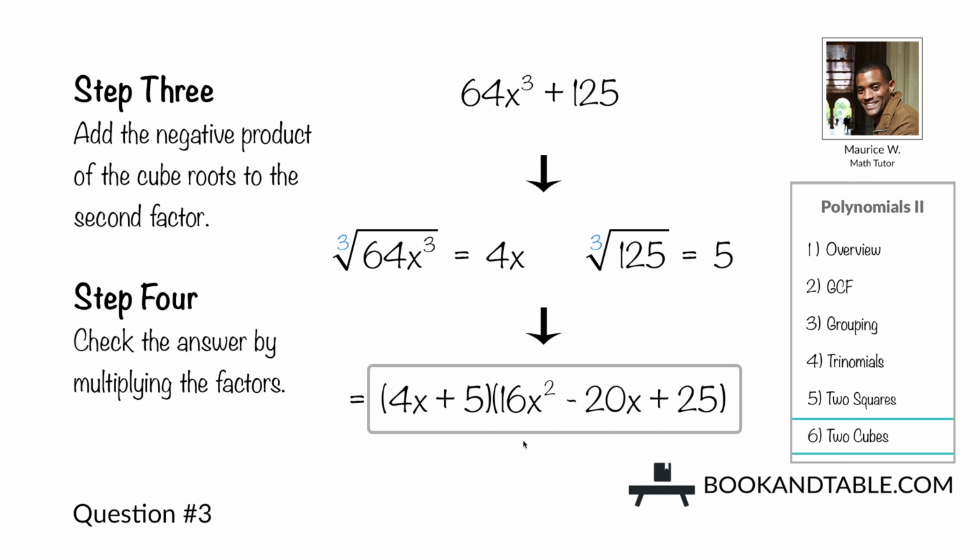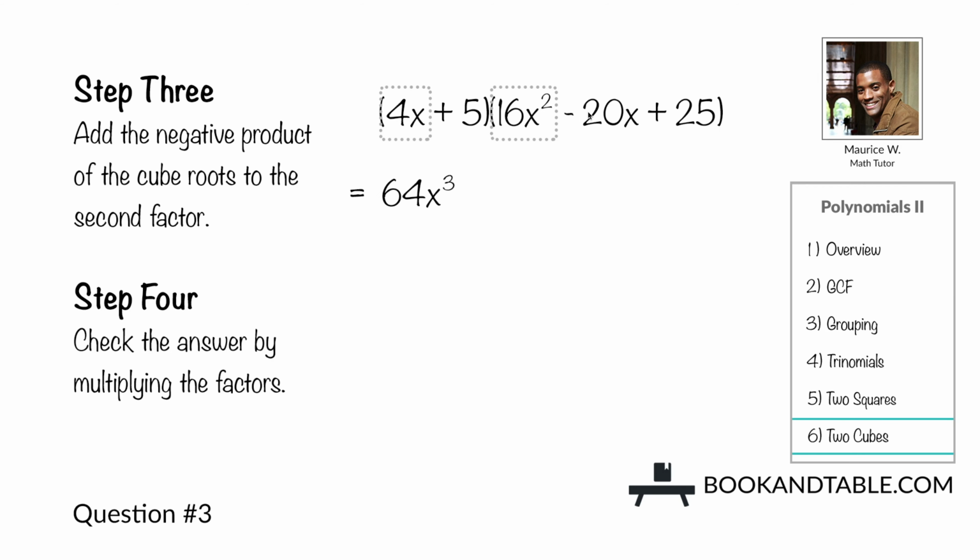And now step 4, we can check the answer by multiplying the factors. Our final polynomial must be 64x cubed plus 125.